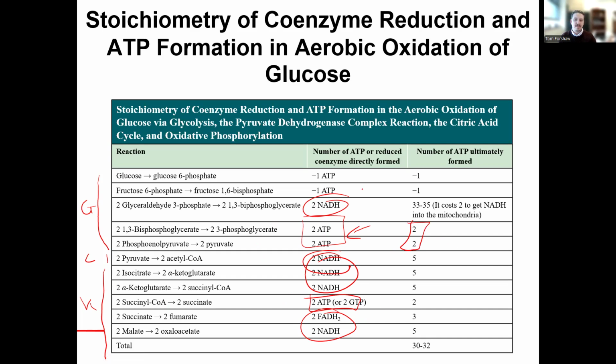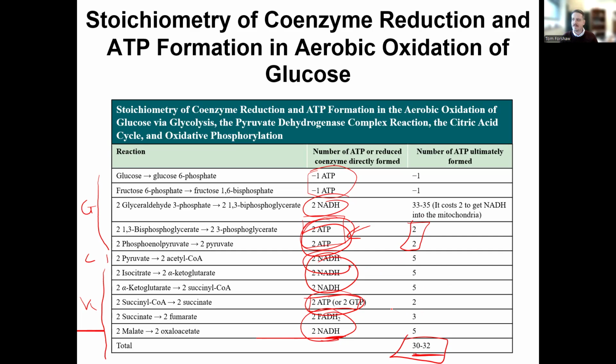But overall, generating all of this NADH doesn't generate a ton of ATP directly. You invest 2 ATP, you gain 2 ATP, you gain another 2 ATP, so you don't gain an awful lot of ATP, but you do generate a lot of NADH that eventually generates a ton of ATP. So instead, by generating NADH and shuttling that into OXPHOS, you can indirectly generate a lot of ATP through the ETC and OXPHOS.